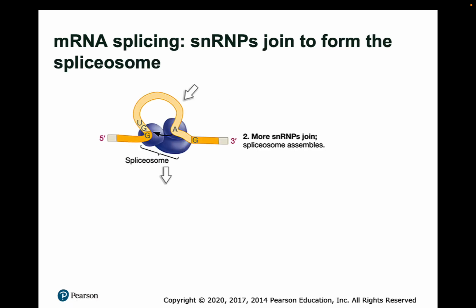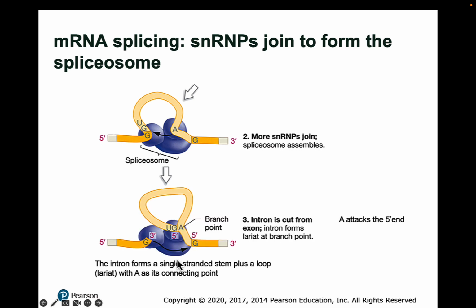These SNRPs join together to form these loops, and when they join together, we call them the spliceosome. Now we have a spliceosome that's assembled. These come together, and this allows this A to attack the nucleotides at the 5' intron-exon boundary.